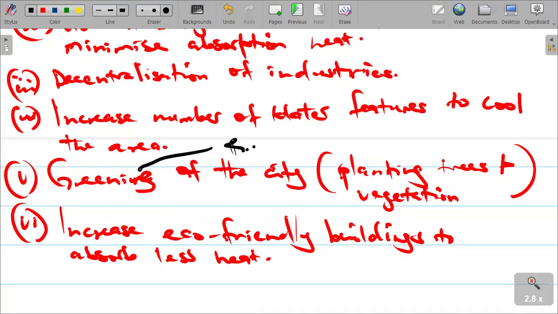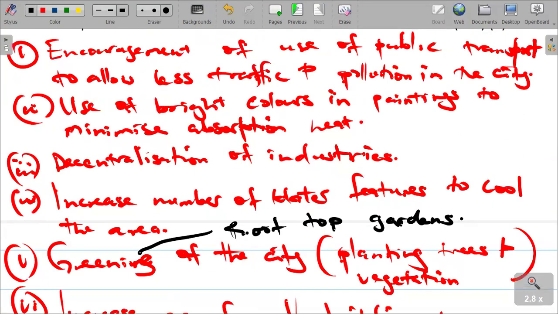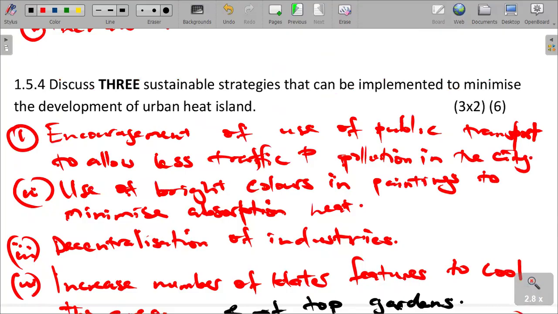Rooftop gardens can also work in terms of this. So basically, I'm saying, class, these are strategies which are used to minimize the development of urban heat island.